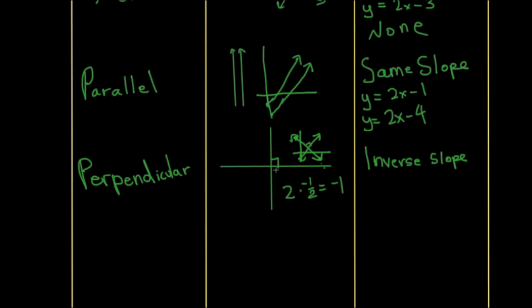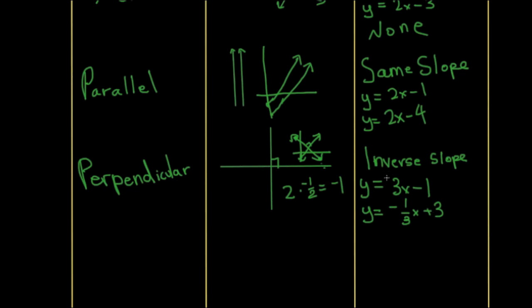So let's give these two lines some slopes. One could be y is equal to 3x minus 1, and the other could be negative 1/3 x plus 3.